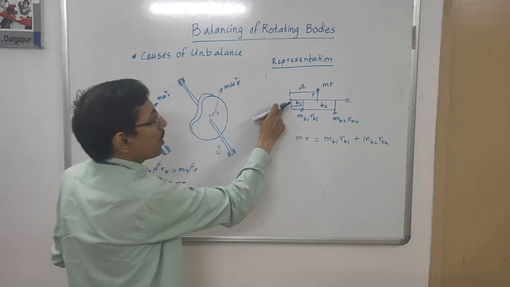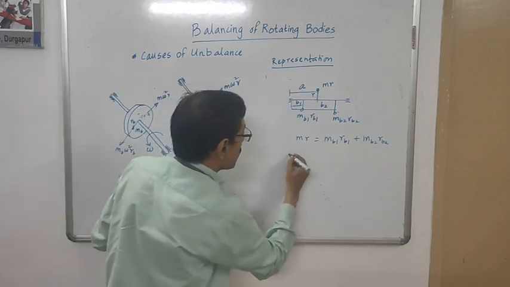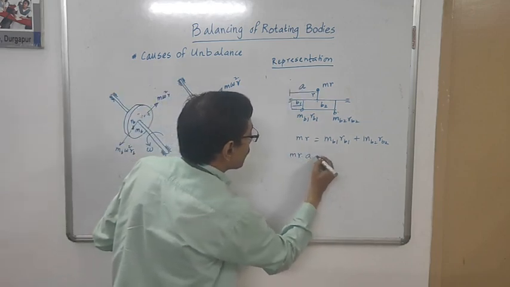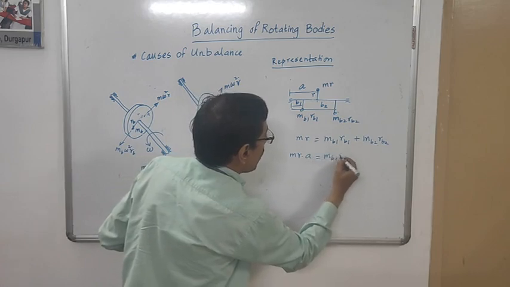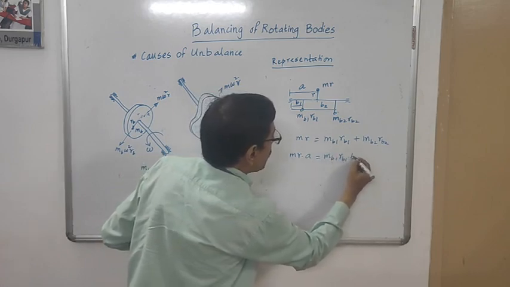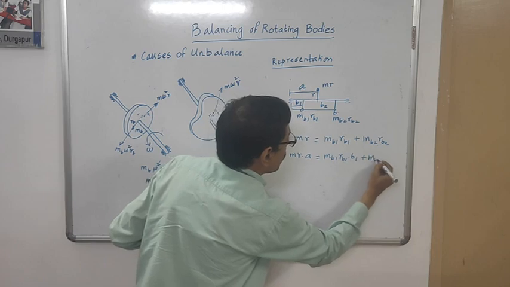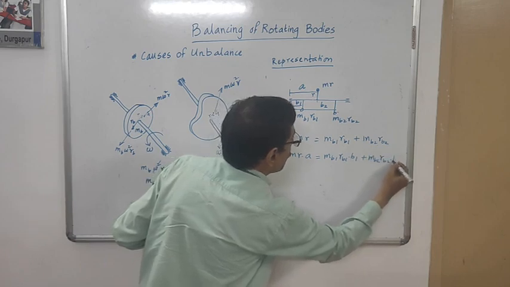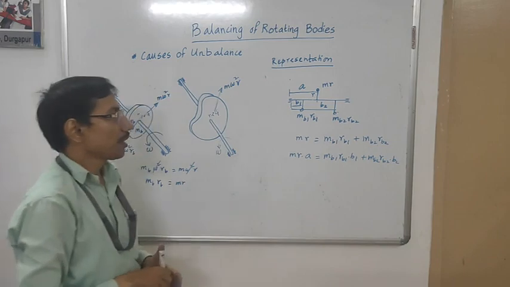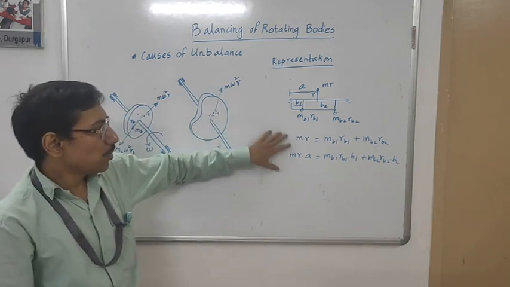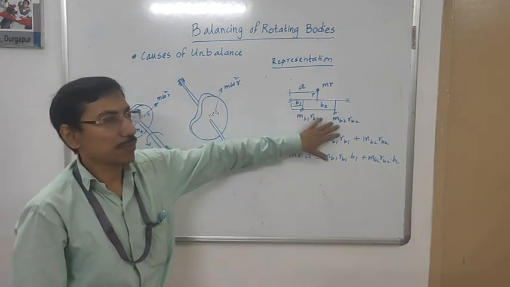Then we can take moment about any point, this end. So MR into A equal to MB1 RB1 into B1 plus MB2 RB2 into B2. So solving these two equations, we can find the unknown terms.